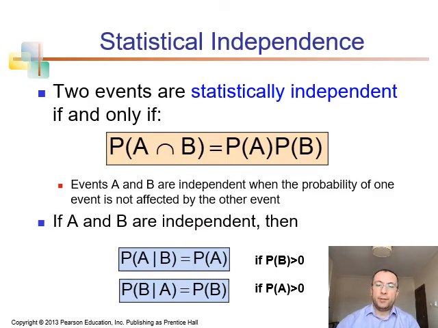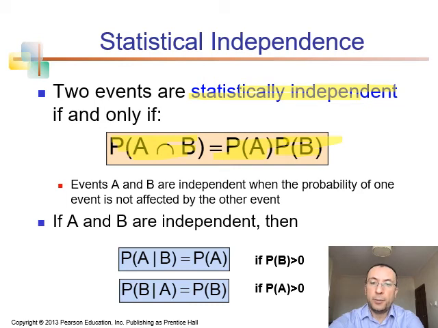Now, two events are statistically independent if the probability of their intersection is equal to P(A) times P(B). So events A and B are independent when the probability of one event is not affected by the other. What that means is A doesn't impact B. In that case, the probability of A given that B has happened is the same as P(A).